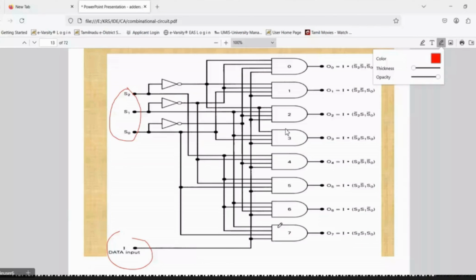So note down the logic diagram. It's an important one, that is 1 by 8 demultiplexer.